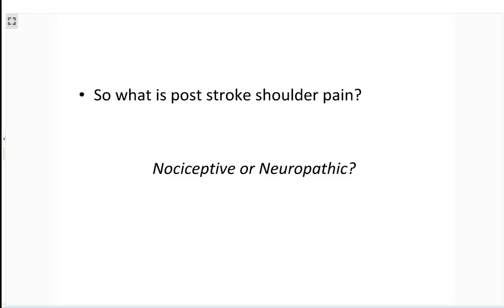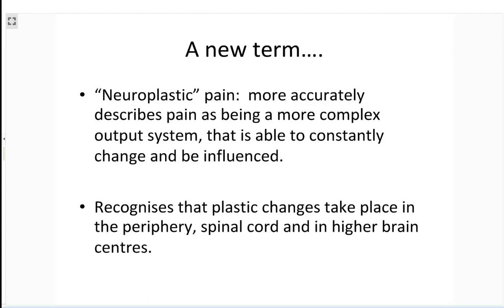Or is it neuropathic, there in response to the neurological lesion? Then we would expect the onset of this shoulder pain to be much sooner post-stroke, rather than, like central post-stroke pain, a gradual onset over a period of weeks and months. So neither of them really gives us a good answer.